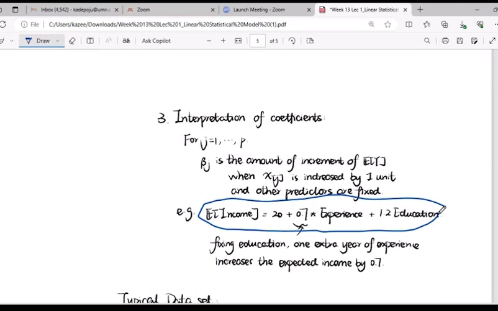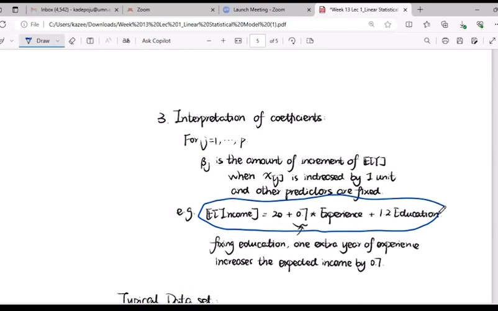Does that make sense? Maybe that is the reason why this is positive and significant, because what we're going to be doing in chapter 11, apart from estimating parameters, is also testing hypotheses to see how significant it is. Does that make sense? Okay.